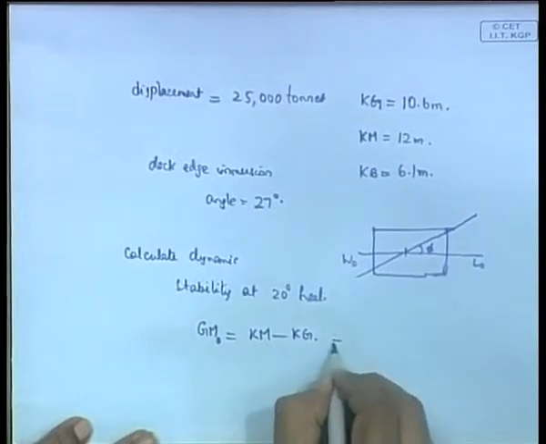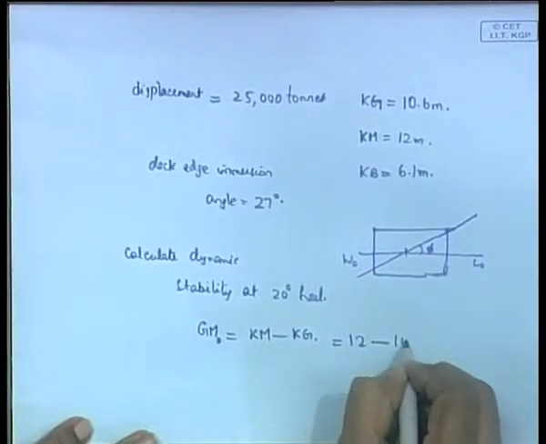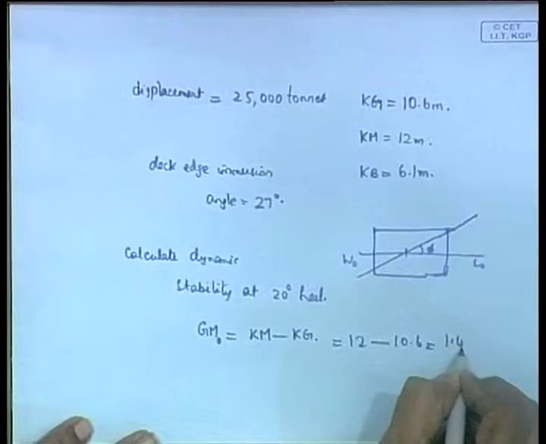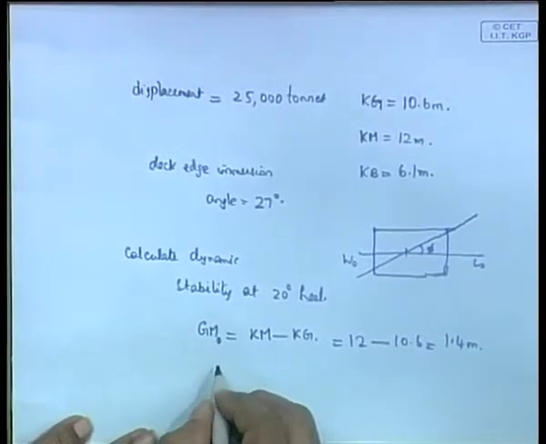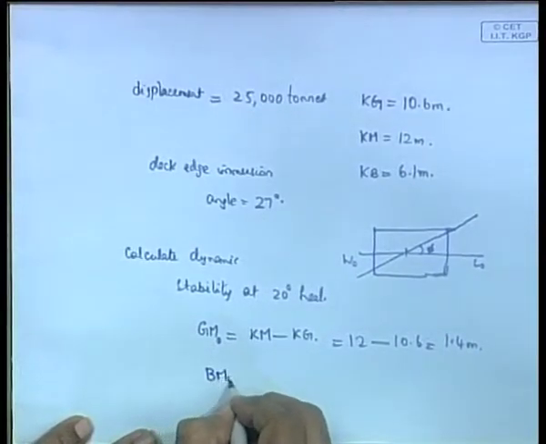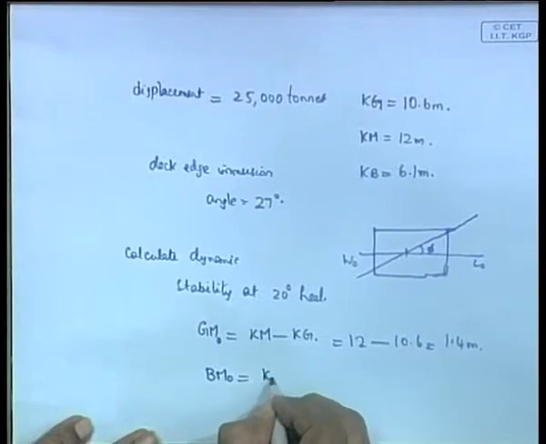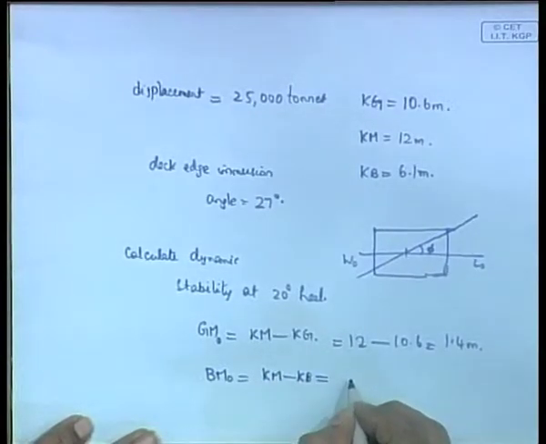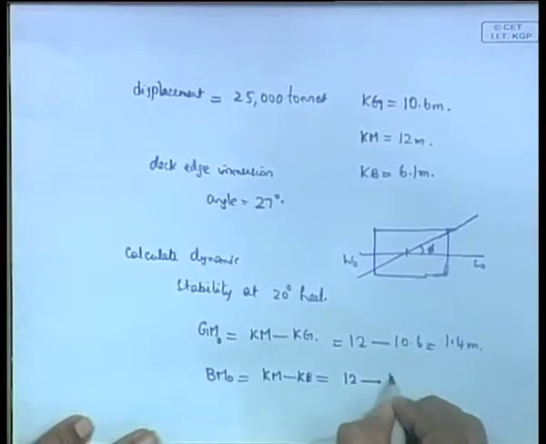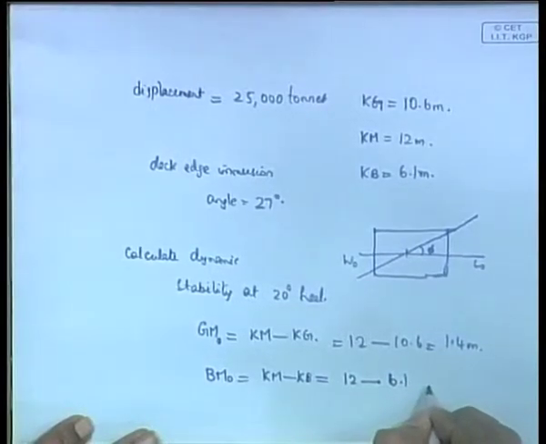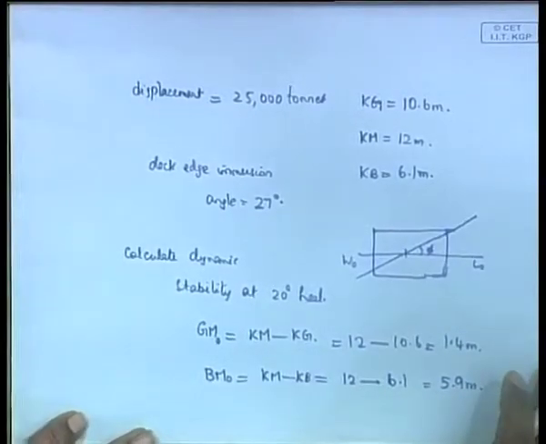That will give you 12 minus 10.6, that is 1.4 meter. This is your GM0. Then you have to calculate BM0, which is equal to KM minus KB. This is the second thing, which will give you 12 minus 6.1 equals 5.9.